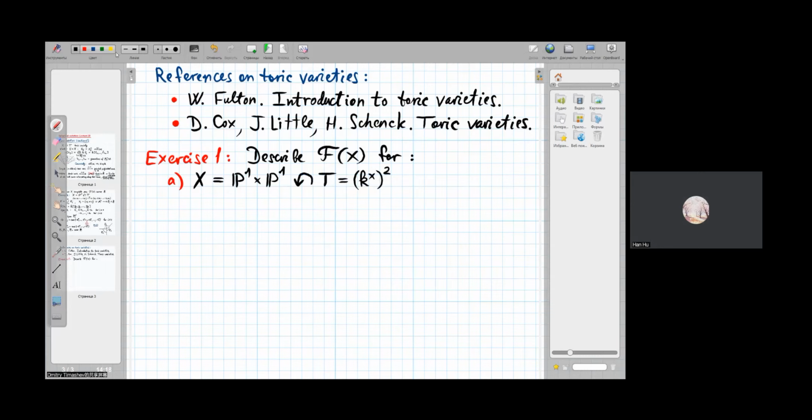So maybe I would even write it like this: K cross times another copy of K cross, which acts obviously here. The first copy acts on the first factor, and the second copy acts on the second factor. And the action of K cross on a projective line is taken from the previous example.